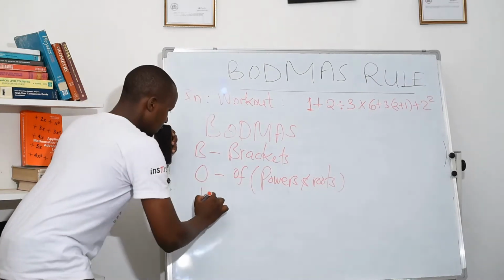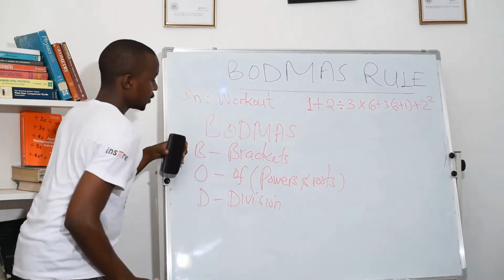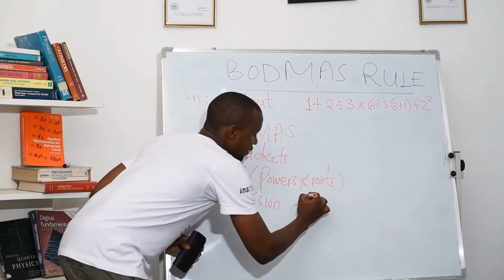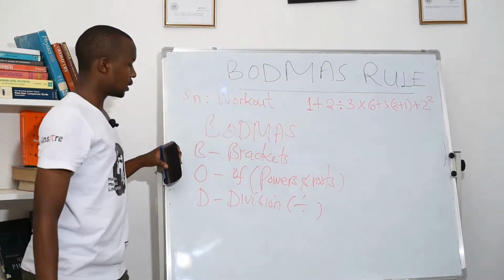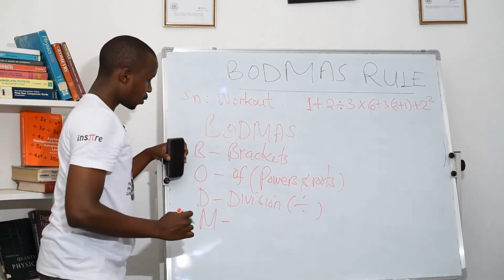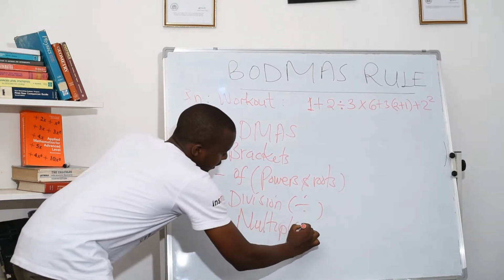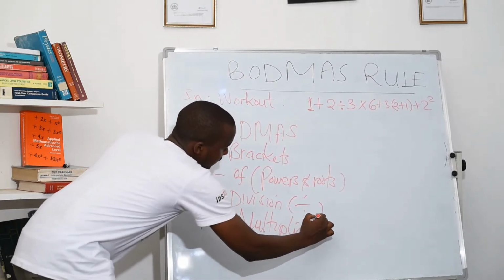And D is division, the division sign like this one. When we say the M, it stands for multiplication, the multiply sign.